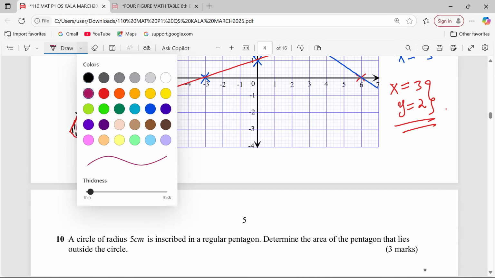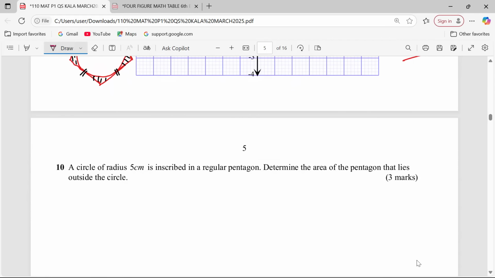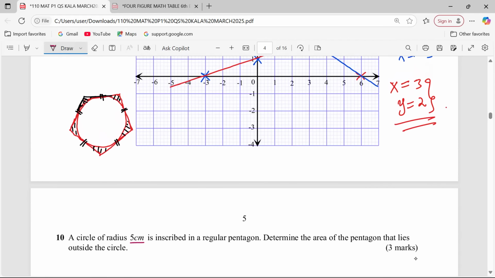For the pentagon, there is a radius of 5 centimeters at this point. So let me first talk about the center of the circle, like that.